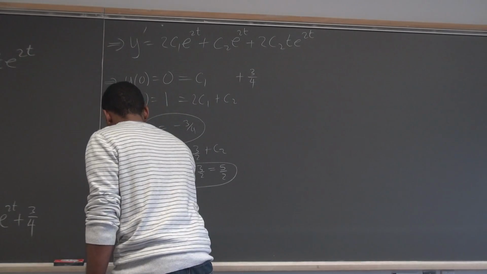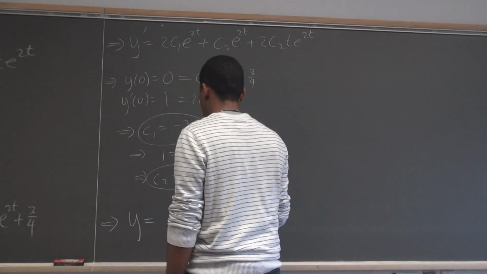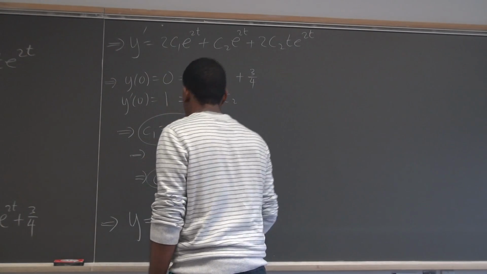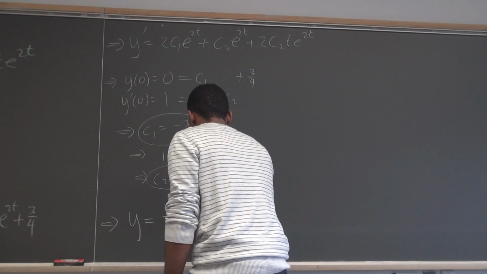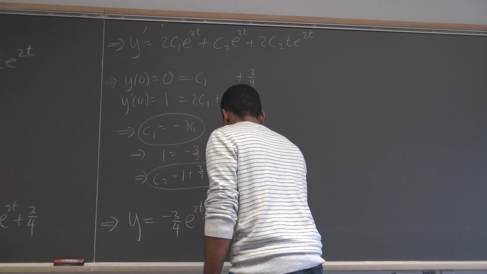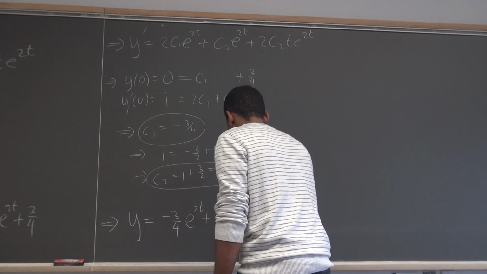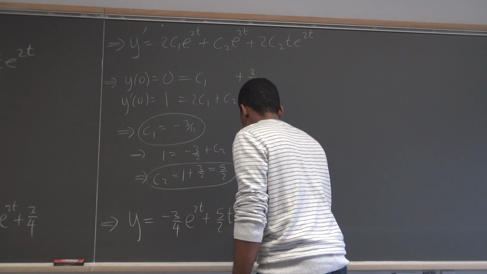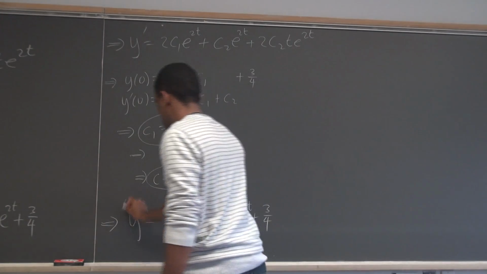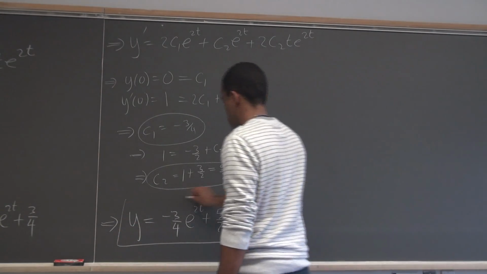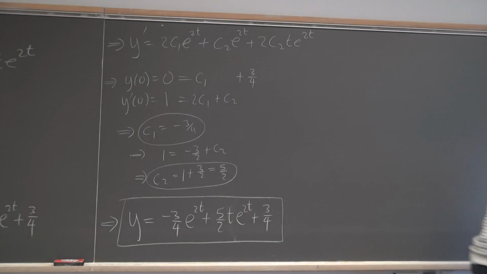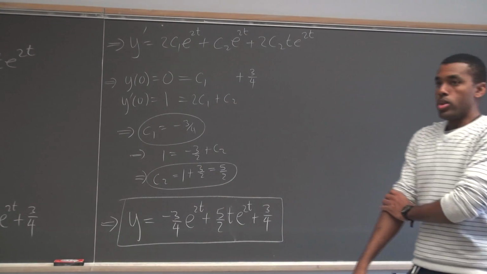This means the solution is minus 3 over 4 e to the 2t plus 5 over 2 t e to the 2t plus 3 over 4. Questions?